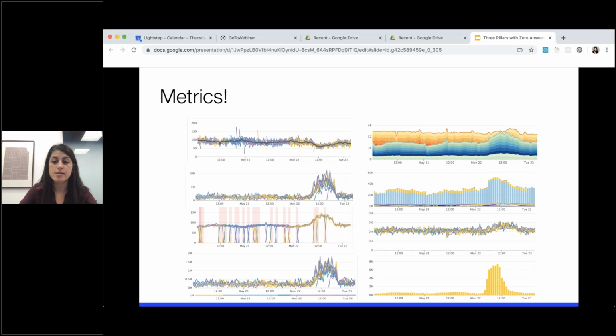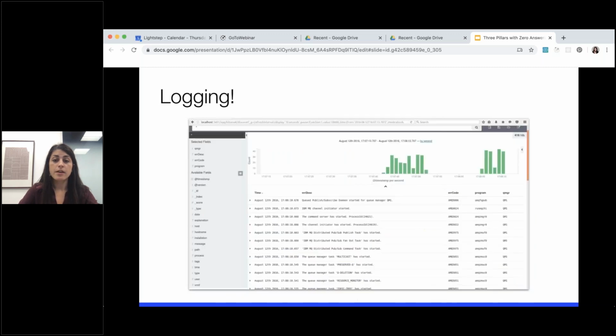So these are metrics. I think a lot of software engineers are familiar with them now, and they're used quite commonly. The next pillar in observability is logging. So here you can see an example of some logs. Once again, I think a lot of software engineers have a firm understanding of this.